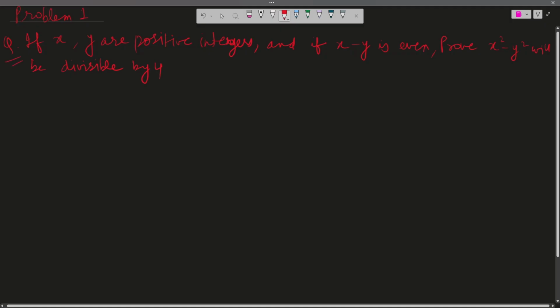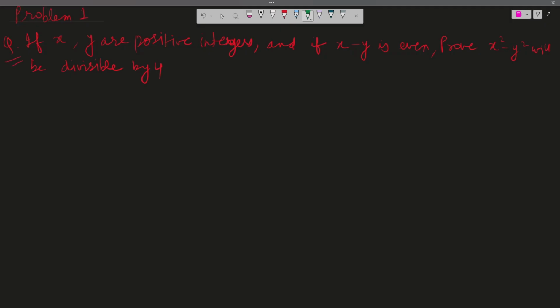This is the question we are having. So the question states, if x and y are positive integers, and if x minus y is even, prove that x square minus y square will be divisible by 4.